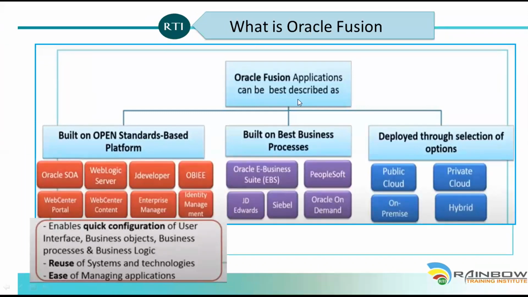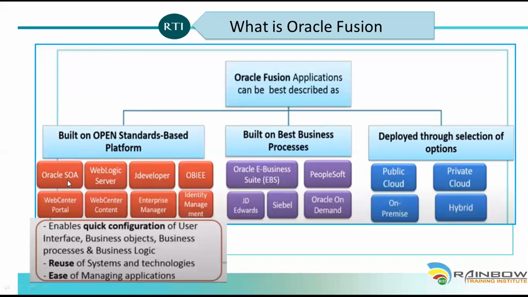The Fusion application can best be described as three things. One is that the Fusion application is built on an open standard based platform. What does it mean? It means Oracle has put together best-in-class technology components and built the Fusion application on top of them.